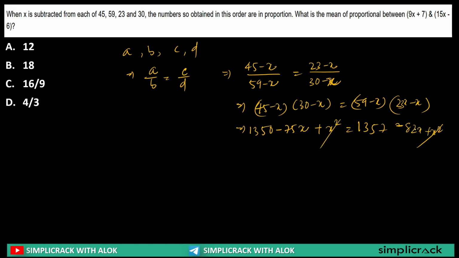X square will cross out, 82 will come to this side, so this will be 7x equal to 1357 minus 1350, that is 7. So x is equal to 1. So how much is being deducted? That is 1 is being deducted.